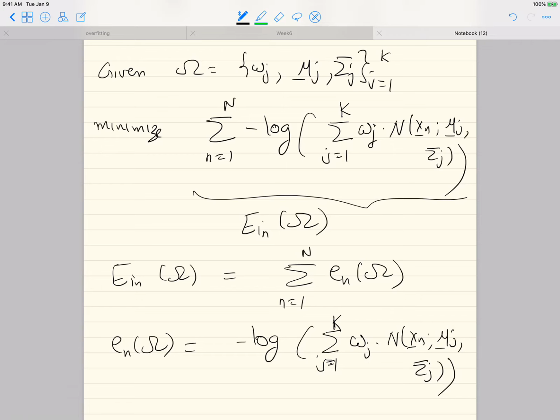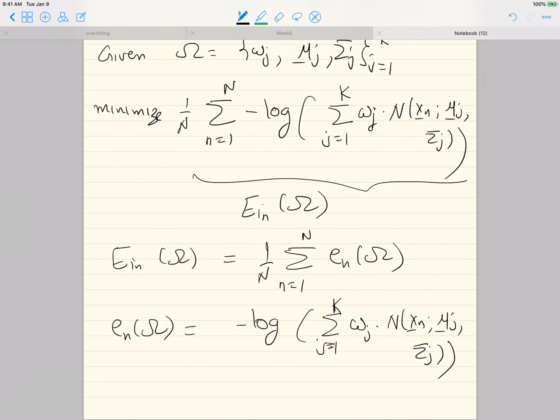This is the loss on training point xn, and I can always minimize 1 over N times this. That's just a constant, normalization constant. So E of omega is simply the average loss that I have for my model with respect to the endpoints. And I want to minimize this.